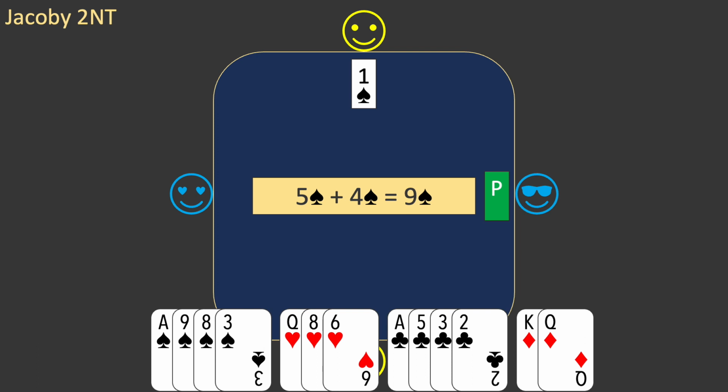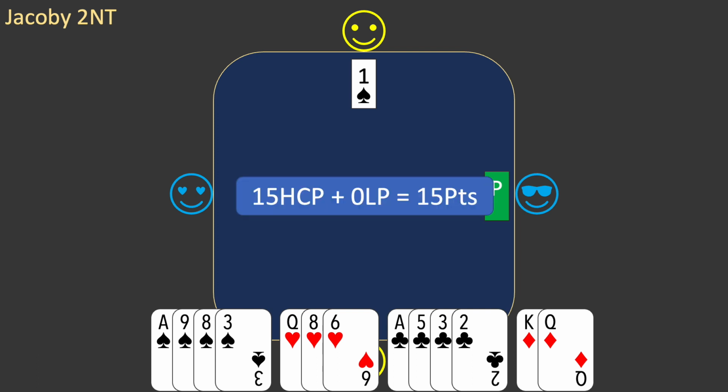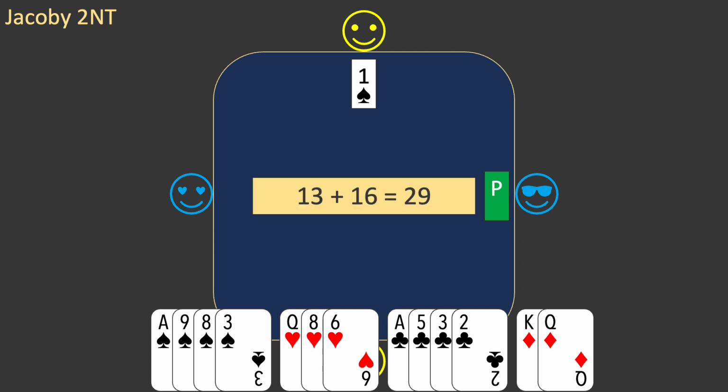You will play a spade contract, but at what level? You start by revaluing your hand. You replace your 0 long points with 1 dummy point for a new total of 16 points. You add partner's minimum of 13 points to your 16 points for a partnership total of at least 29 points.